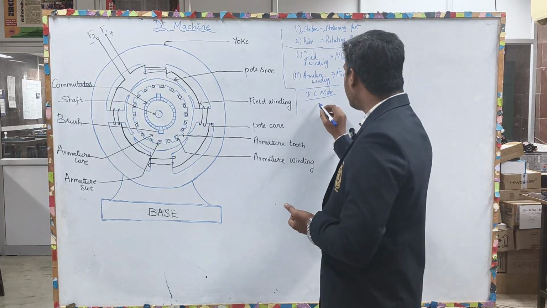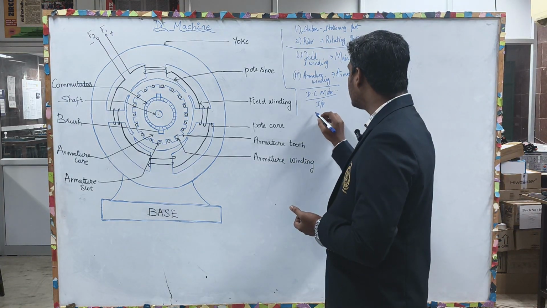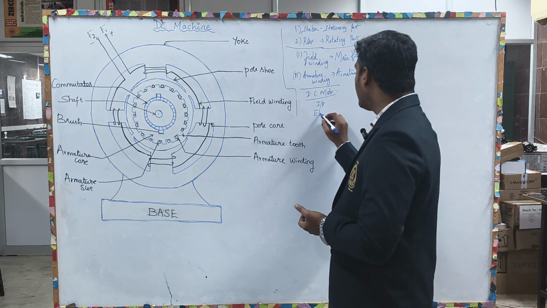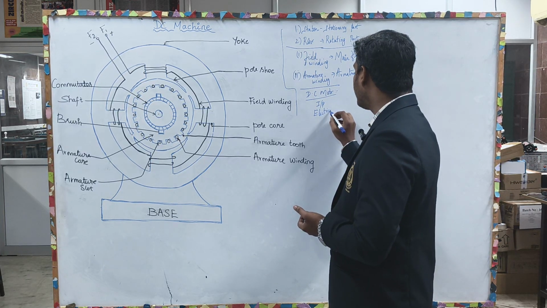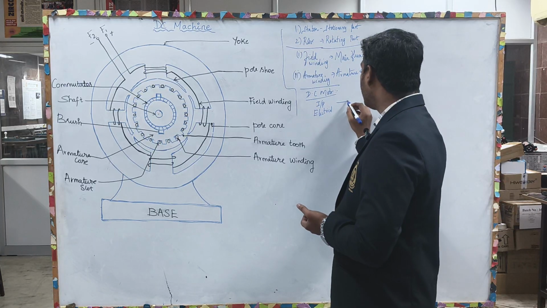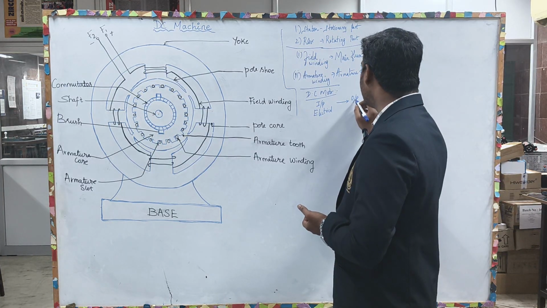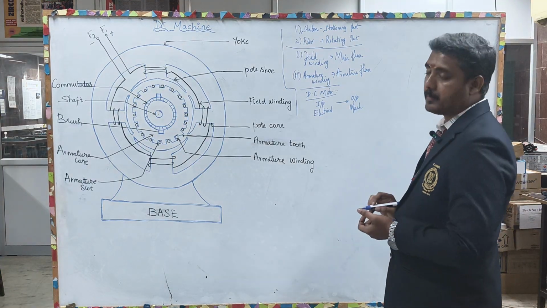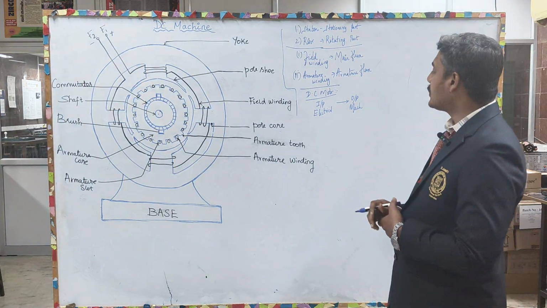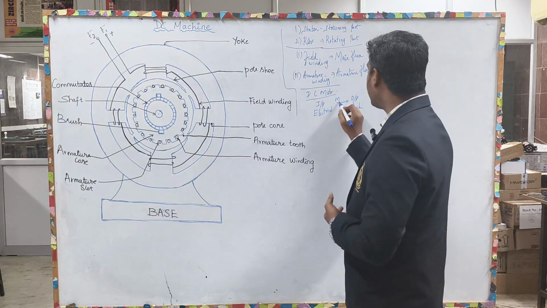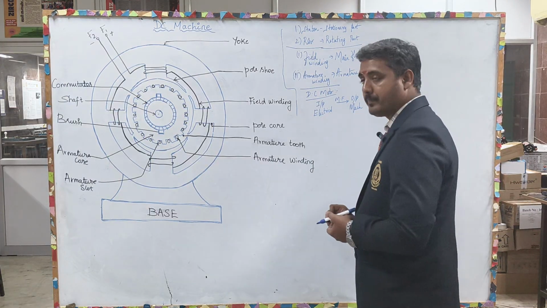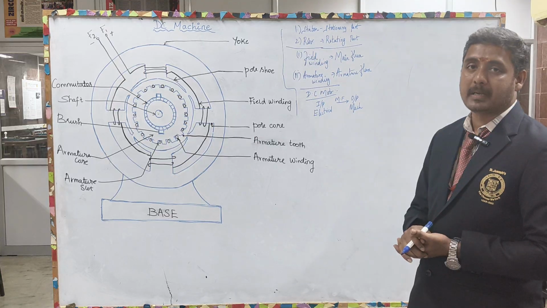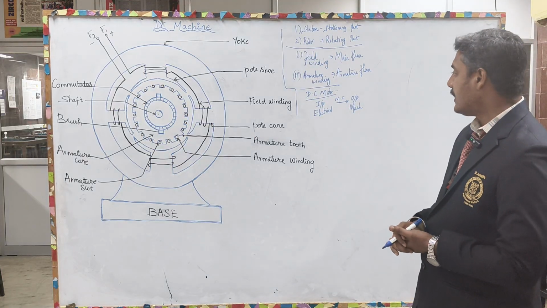In a DC motor, input is electrical input and output is mechanical output through the medium of magnetic field.